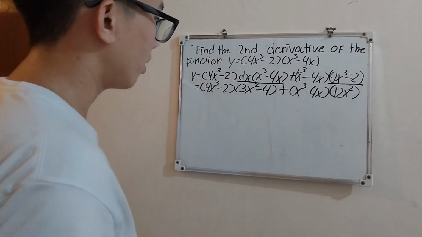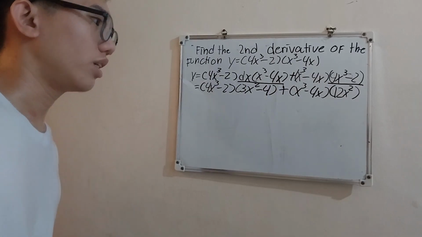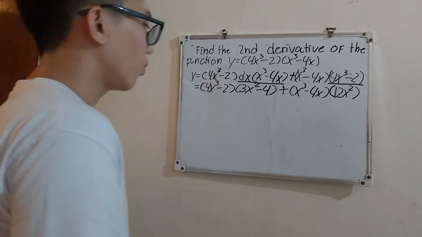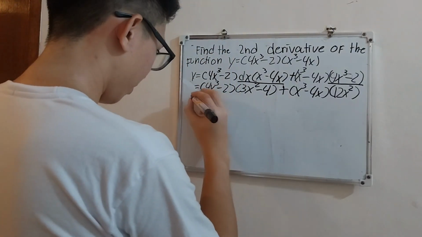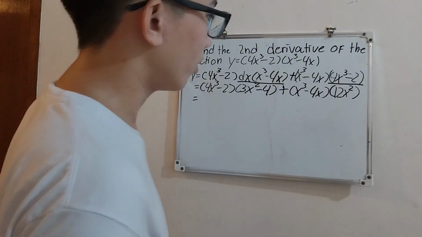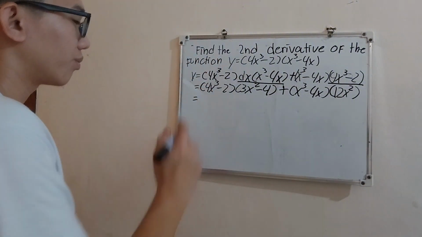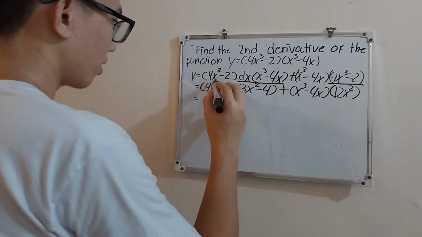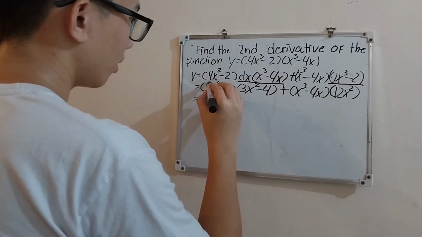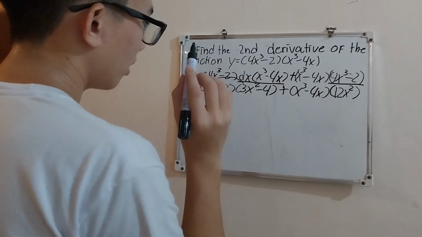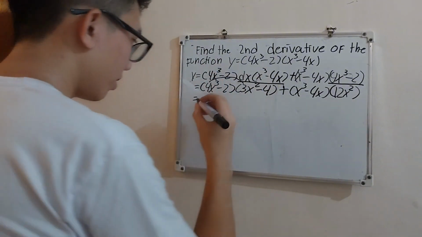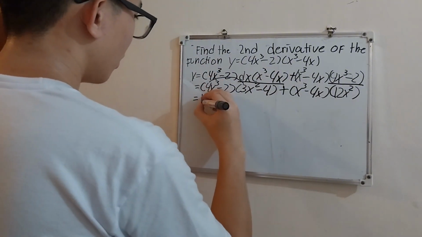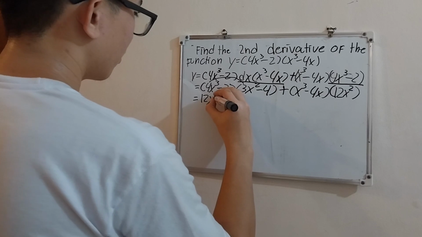Now that we are done simplifying our derivatives, we can move on to distributing. So 4x cubed times 3x squared is equal to 12x^5.